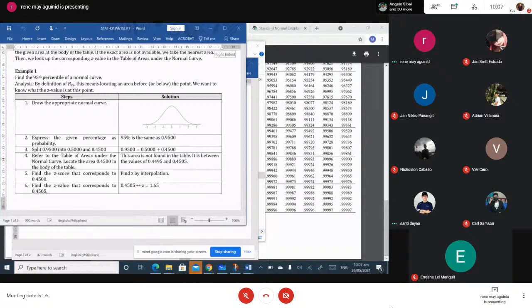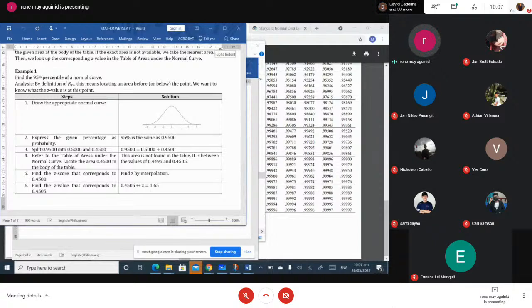So, kung normal curve, asa ka napita diri? Express the given percentage as probability. So 0.95. Asa man napita ang 0.95? Kung imo na siyang split using ato nga table, from 0 to left and 0 to right.